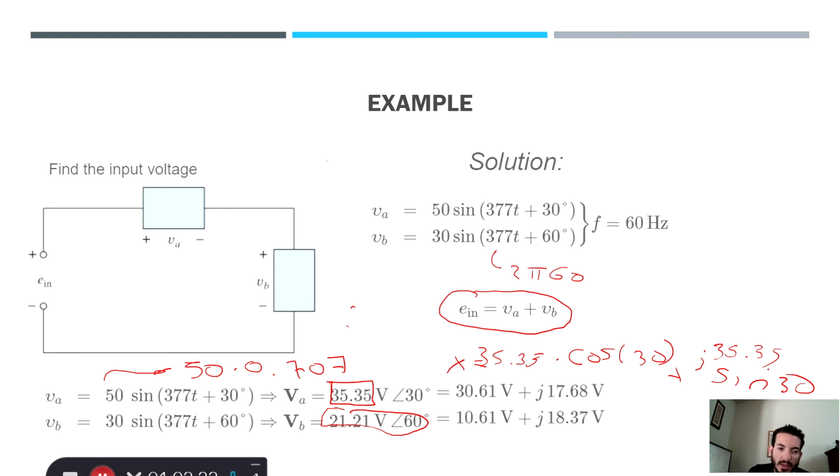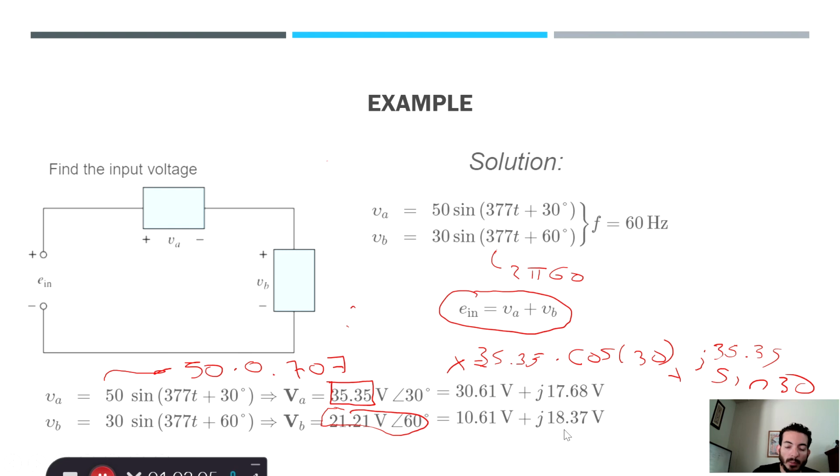If you do the same thing for the voltage through component B, you should have 21.21 cosine of 60 gives you 10.61, and 21.21, which is the amplitude, is because of the time domain voltage after we get the RMS, which we'll talk about in detail, how to get RMS and why we use RMS.